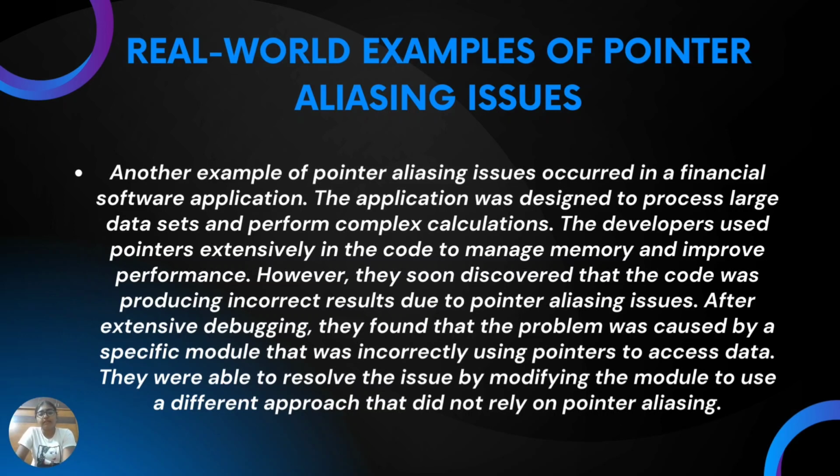However, they soon discovered that the code was producing incorrect results due to pointer aliasing issues. After extensive debugging, they found that the problem was caused by a specific module that was incorrectly using pointers to access data. They were able to resolve the issue by modifying the module to use a different approach that did not rely on pointer aliasing.